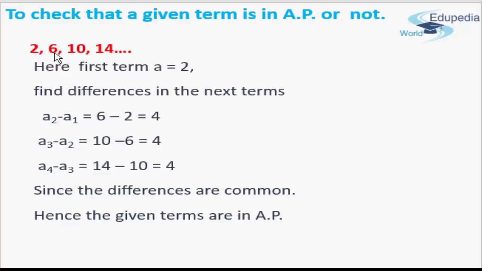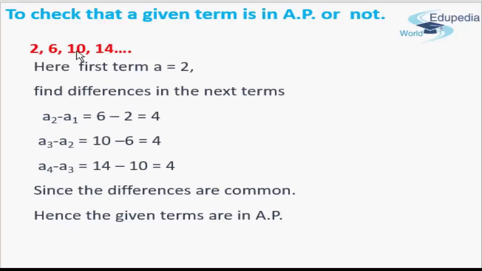For example, you subtract the first term from the second term. For starters, if this is a question in your exam, it may be a little bit more complex than this one. So you have 6 minus 2, you get 4. So you know that the difference between the first two terms is 4.